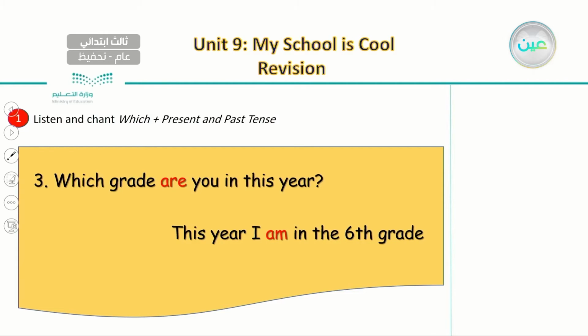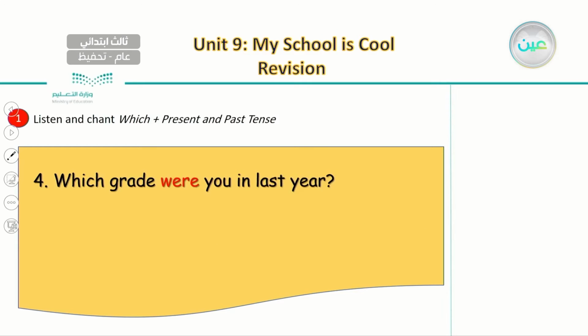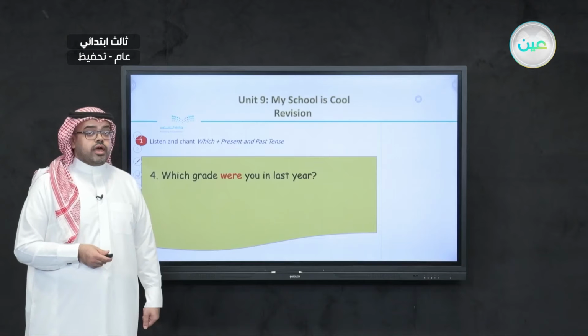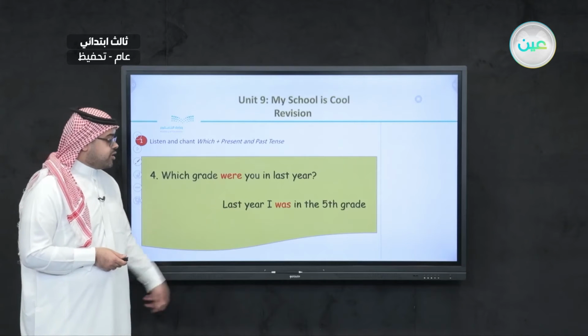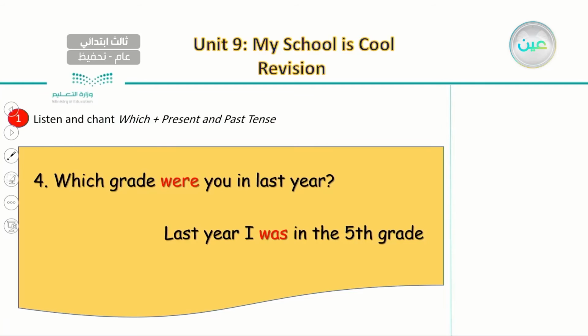With this same question, we change it to the past. We said, which grade were you in last year? And we answer in the past as well. We said, last year I was in the 5th grade.